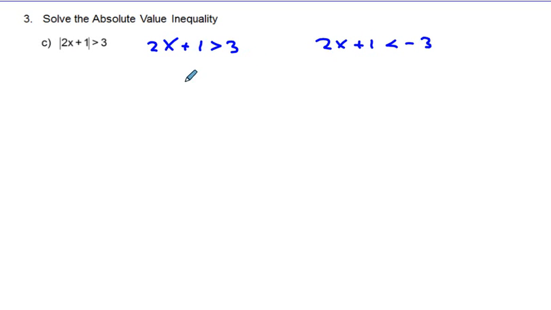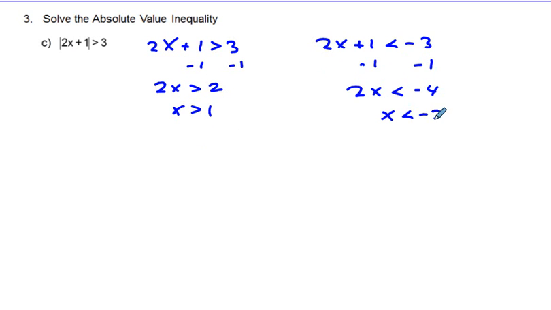That's how we came up with this. And we just go ahead and solve for x. So we have 2x is greater than 2, so x is greater than 1. And then over here we have 2x is less than negative 4, so x is less than negative 2.